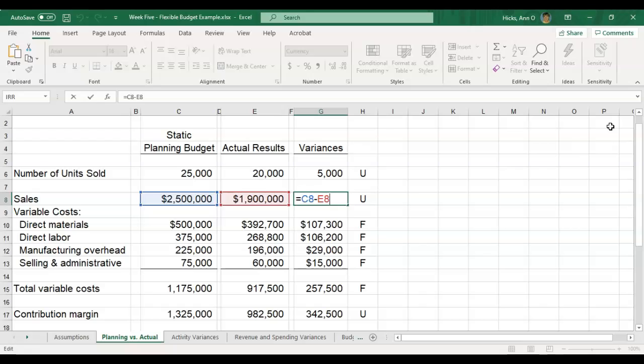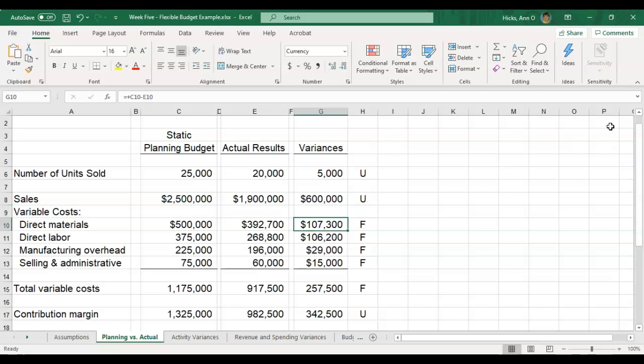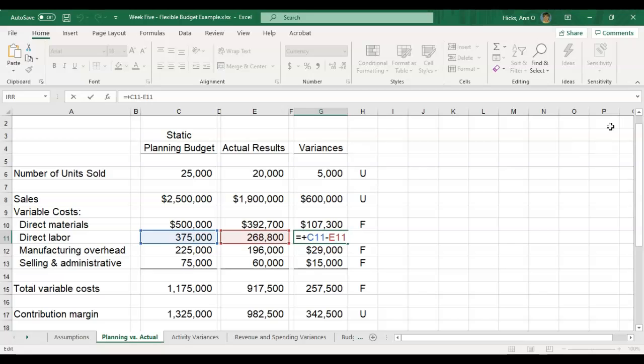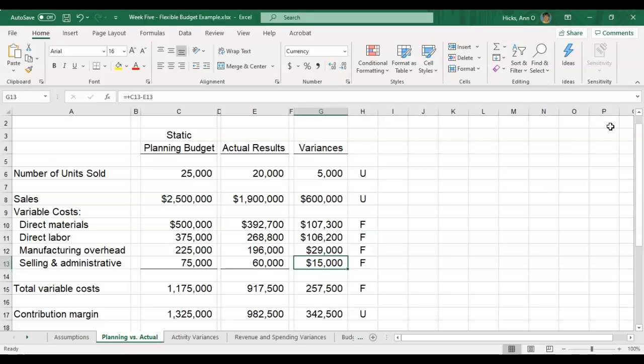Our sales are under budget, so it's unfavorable for $600,000. Now, notice all of our variable costs are actual under budget. That's favorable. But we need to be careful. Favorable doesn't always mean good, because we know we sold fewer units than we had budgeted.